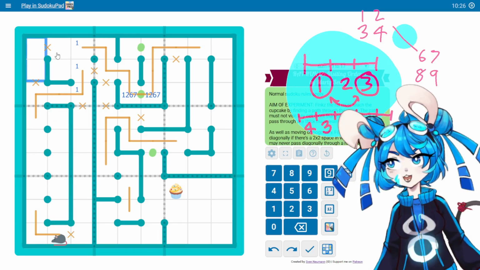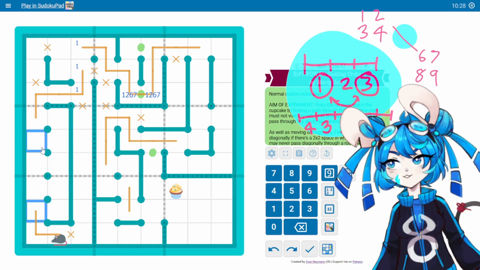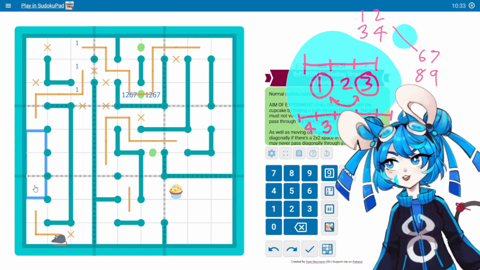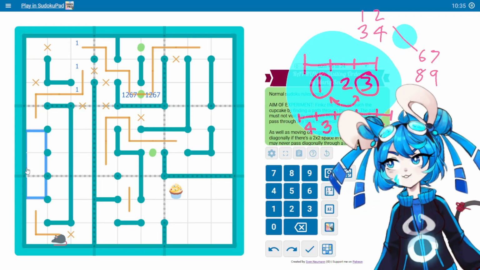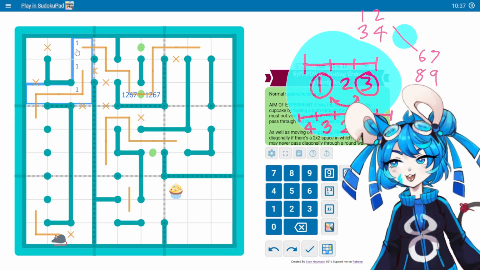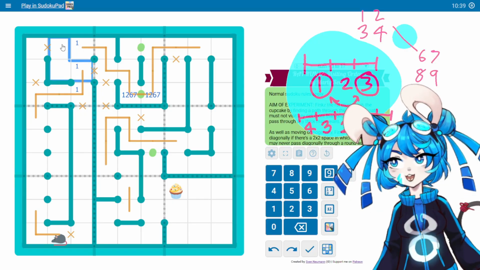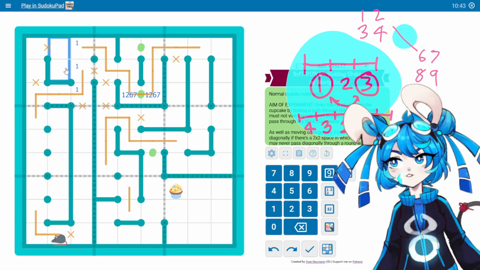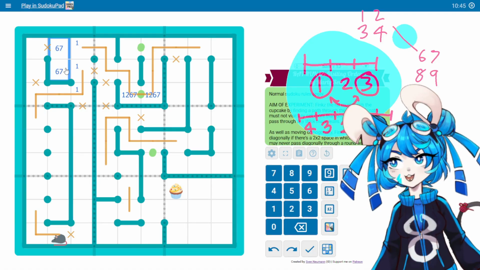But we also need to have an 8 and a 9 in each of these columns. And, well, a 7 and a 6. But the only place that either a 7 or a 6 could go on the line is in this box. I think these have to be 6 and 7.